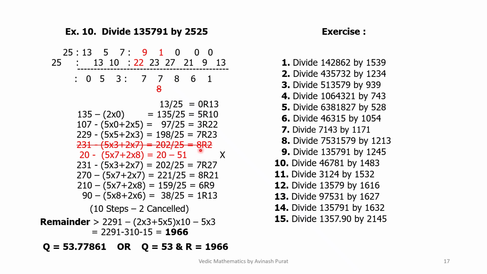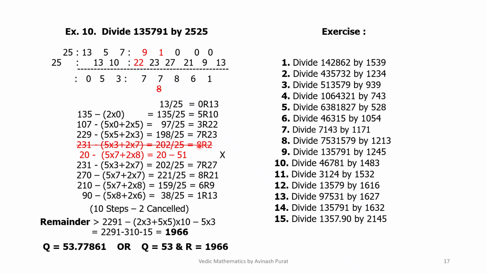If we take 8 as quotient, remainder is 2, but next line would be 20 minus 5 into 7 plus 2 into 8, that is 35 plus 16, so that is equal to 51. So we get minus result 20 minus 51.